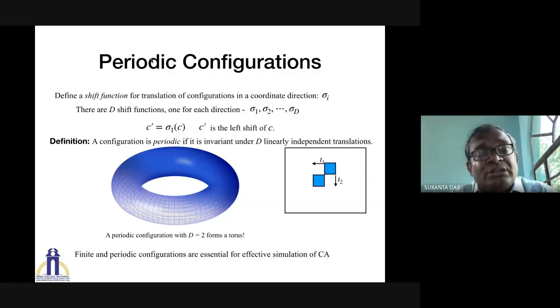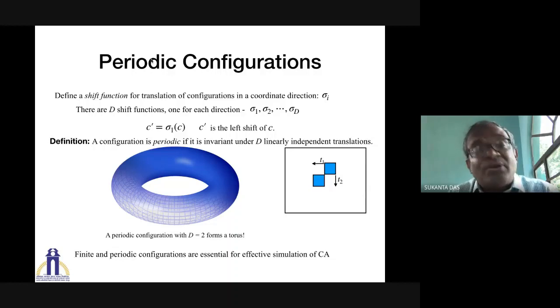As I've said before, these finite configurations and periodic configurations are important. Why? If we really want to simulate the CA on computers, then we cannot deal with infinite configurations. For practical and simulation purposes, it is not always meaningful to deal with infinite configurations.